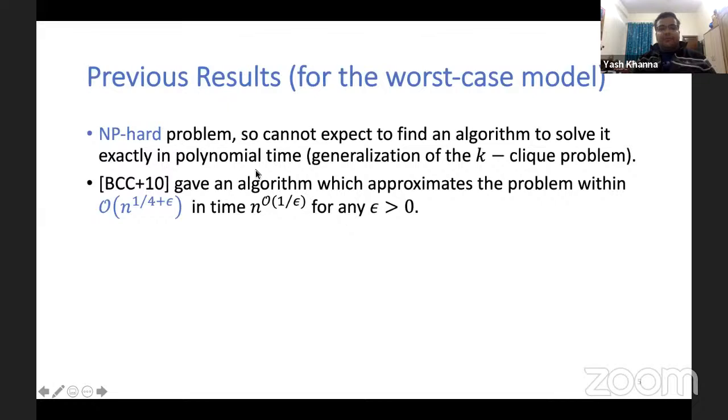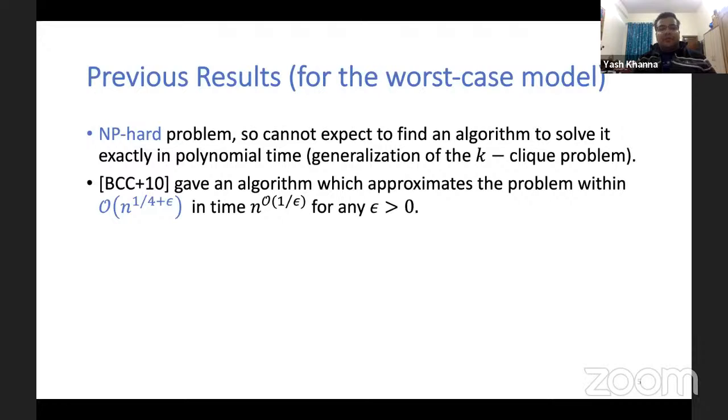Firstly, it is known that this problem is NP-hard because it is clearly a generalization of the k-clique problem. Also, on the algorithmic front, the best known approximation algorithm for this problem is an n to the power 1/4 approximation algorithm, by Bhaskara et al.